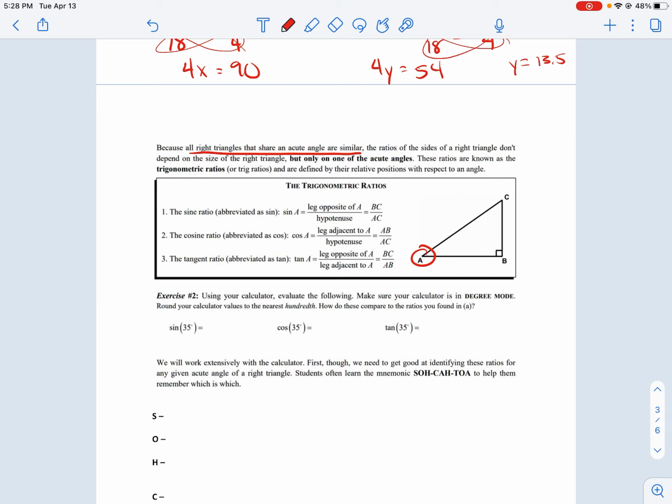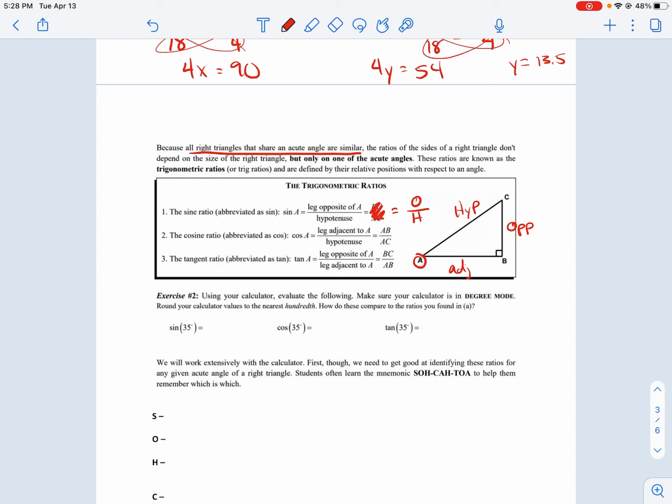So the sine ratio, abbreviated as sine, okay, is the leg opposite over the hypotenuse. I'm just going to write that as O over H, okay? And where am I getting that from? Well, this one would be your opposite side, right? We're talking about angle A, and this would be your adjacent side, and this is always your hypotenuse, okay?